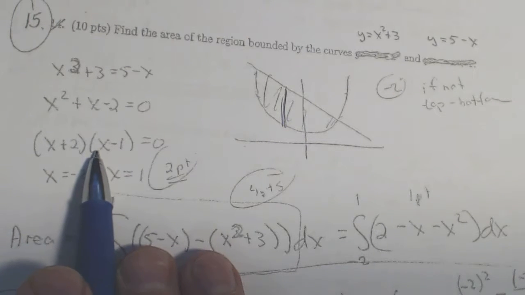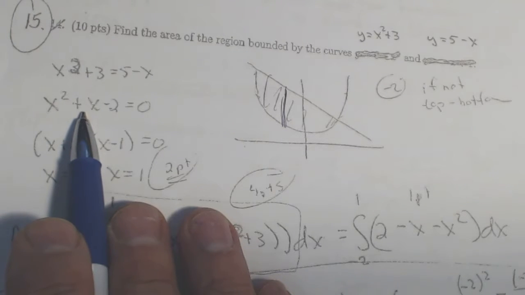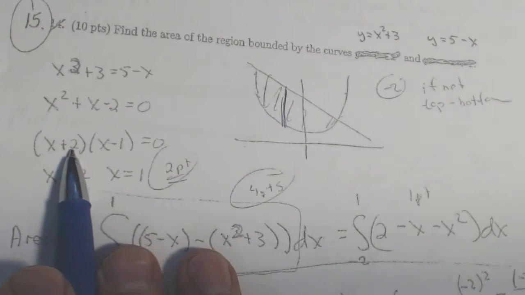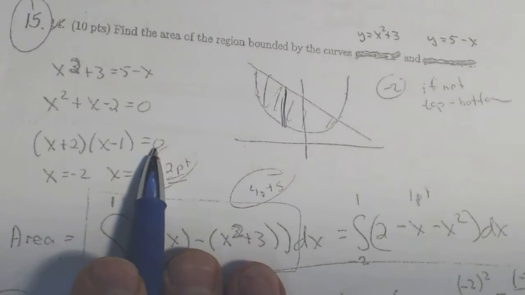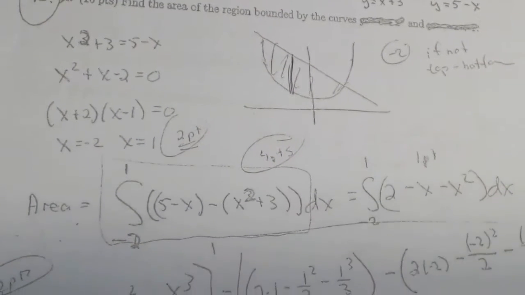X times x is x squared. That's 2x on our inside terms, and minus x on our outside terms is a plus x. And then 2 times negative 1 is negative 2. You've got it. If you set each of these equal to 0, if x plus 2 equals 0, you get x being negative 2. If x minus 1 equals 0, you get x equals 1. Those are your limits.